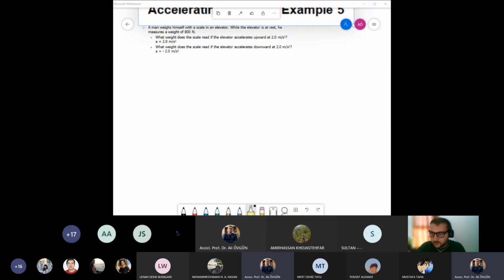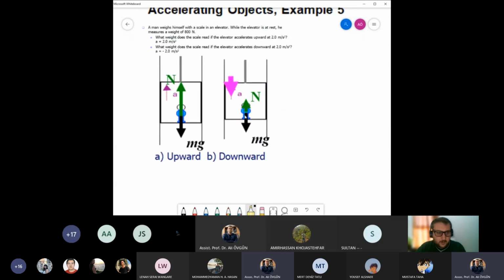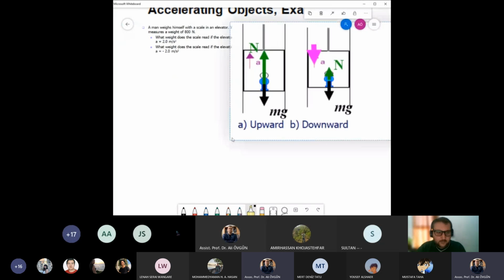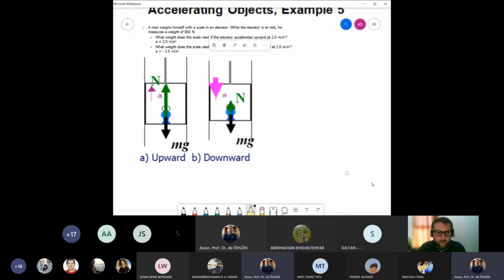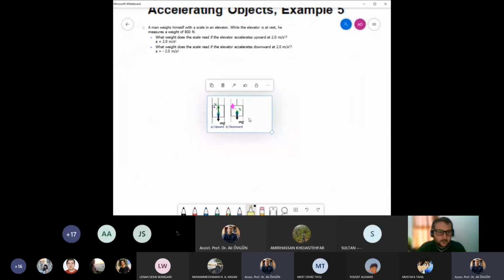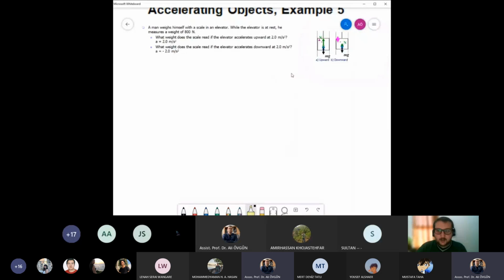Let's also take the figure, and this is the free body diagram which is given to you. This is very important.